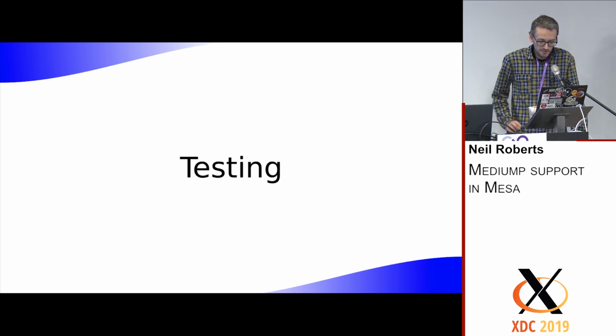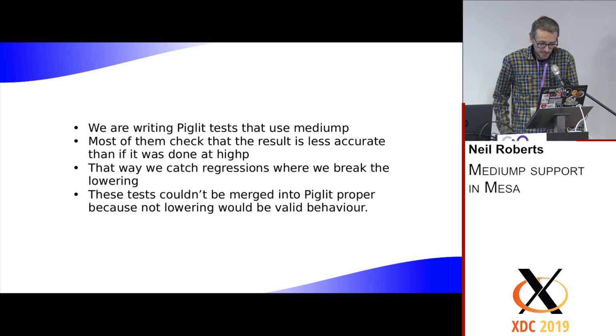So while we've been developing this, we've obviously been testing it as well, and we've been implementing some Piglit tests that use mediump operations. In most of them, we check that the result of the operation is actually slightly off from what you would expect if it was done at high P. So then we can be pretty confident that at least something related to lower precision did something to get the wrong result.